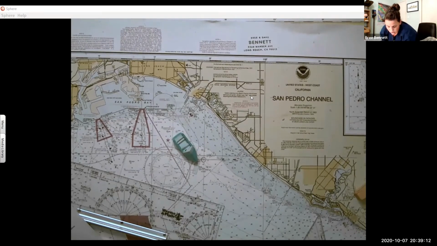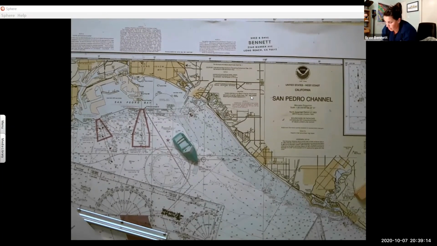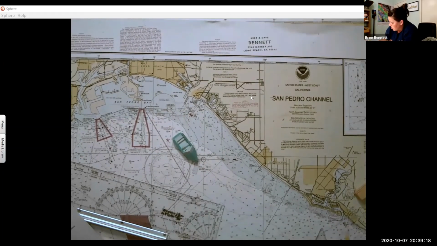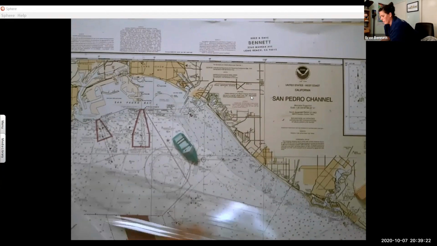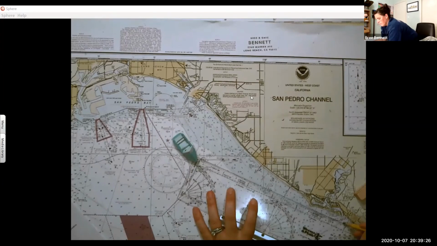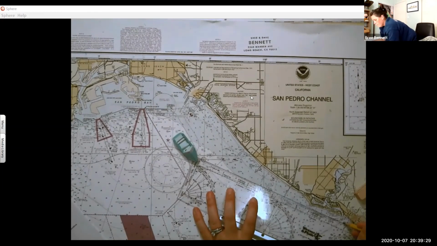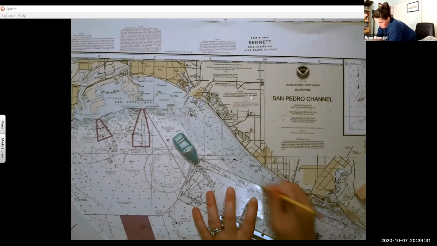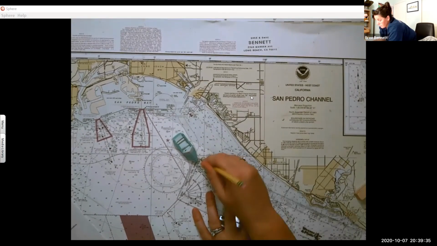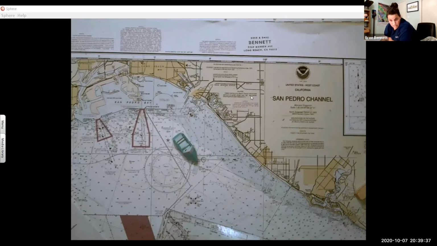But at this point, it asks us, what is the course from our 1400 position to our buoy? So we're going to go from our 1400 to our buoy. Drew in a line there.